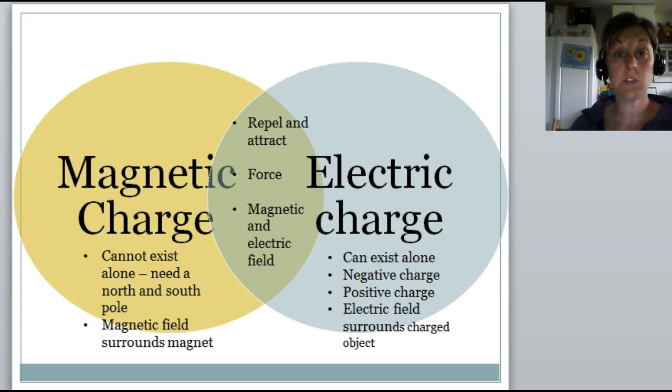Positive charges attract negative charges. Negative and negative repel, positive and positive repel, just like north and north repel, south and south repel, and north and south attract. It is considered a force, so there is a magnetic force and an electrical force, and there is a magnetic and electric field.